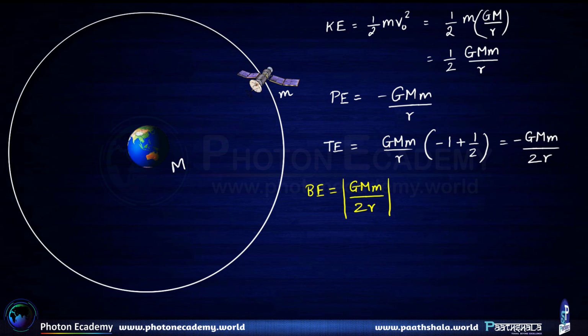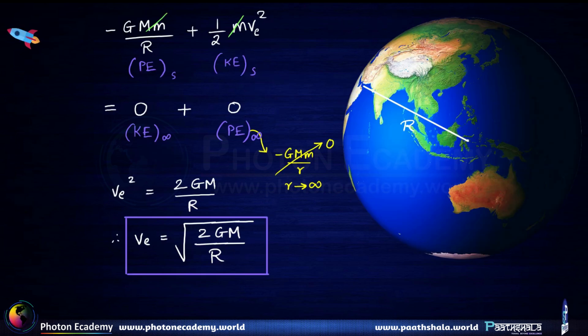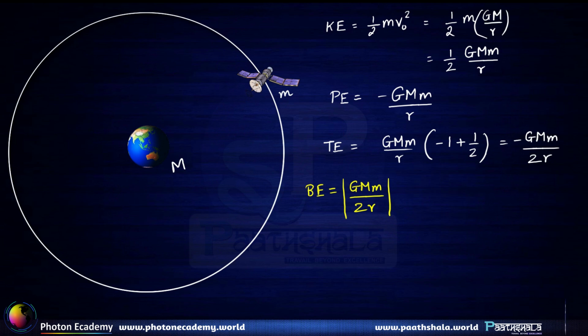So what does that mean? When does a satellite have zero energy? We have seen that a satellite has zero energy when it escapes to infinity. While calculating the escape velocity, we saw that the energy at infinity happens to be zero. So a satellite is going to have zero energy when it reaches infinity. That is the short summary.